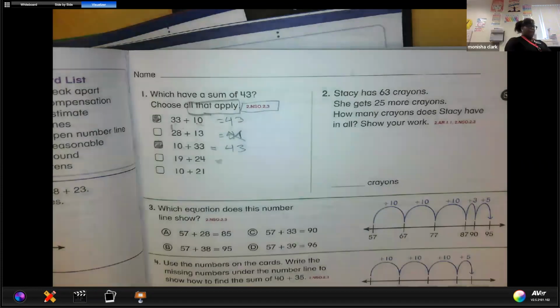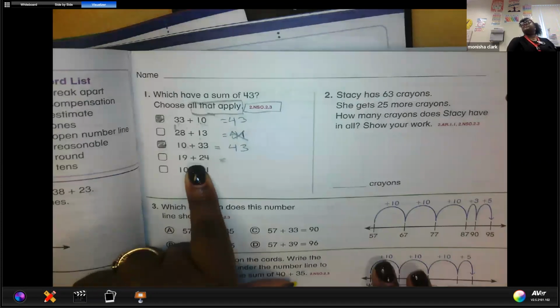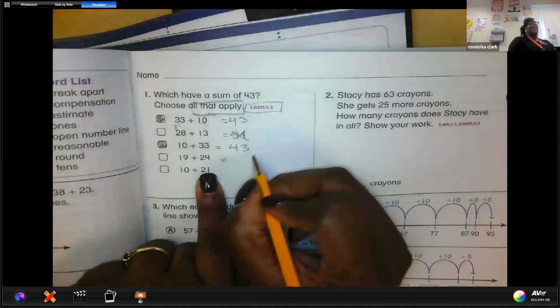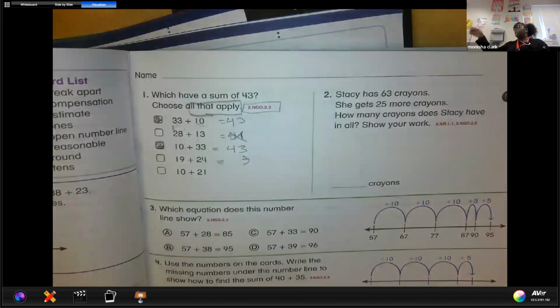Now we have 4 plus 9. What is 4 plus 9? Zaya? 13. So now, how many 10s are in 13? Yes, Calvin? 1. Calvin, what is left over? Is it 4? We have 13. You gave 3. Very good.